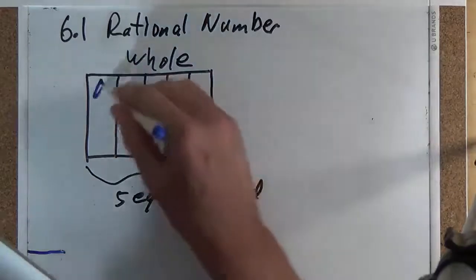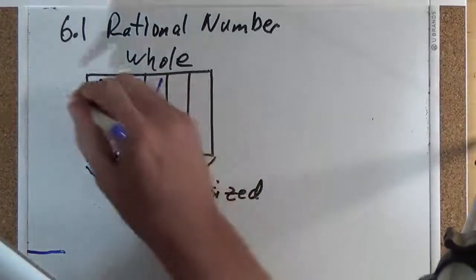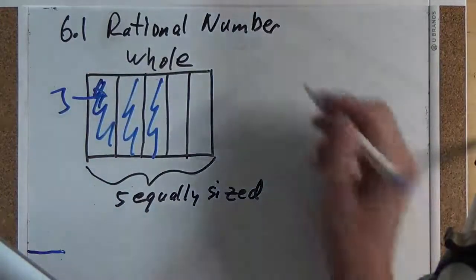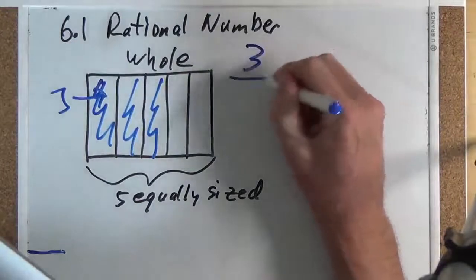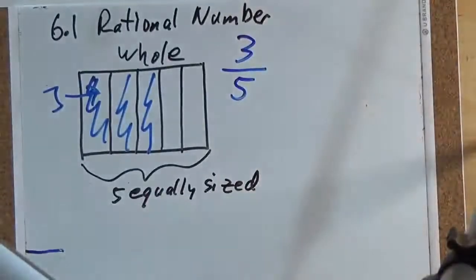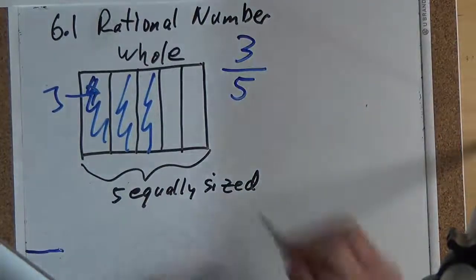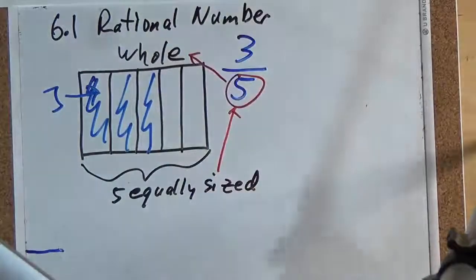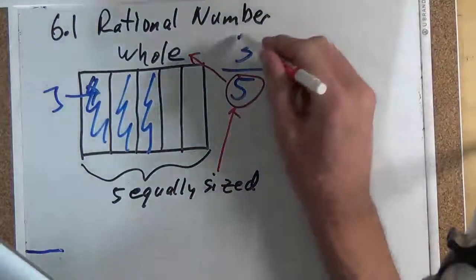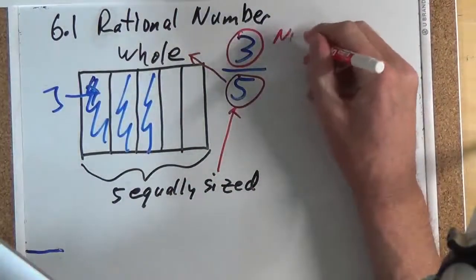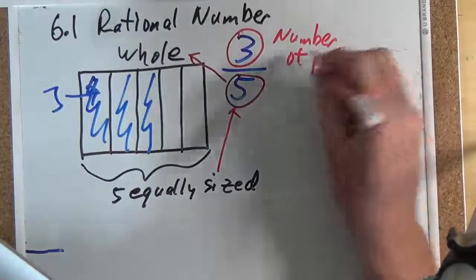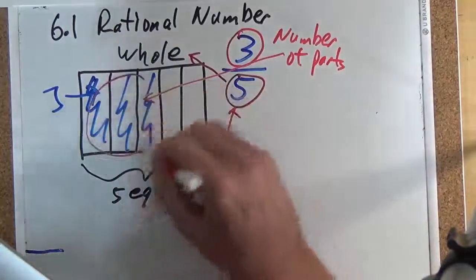If I give you a numerator, so I chose 3 of the 5 equally sized pieces, that gives me the fraction 3/5. So the denominator is how many equally sized pieces we divided the whole into, and the 3 is the number of parts of the whole that we selected.